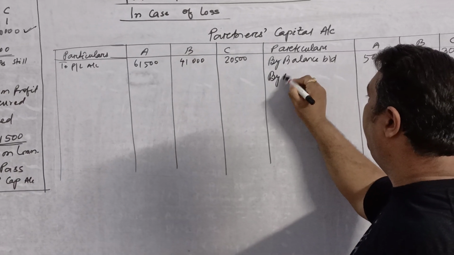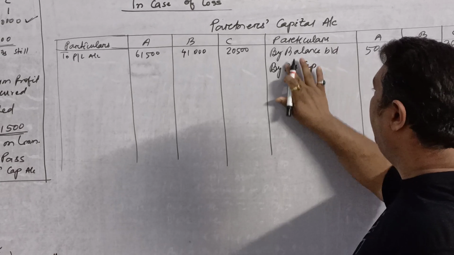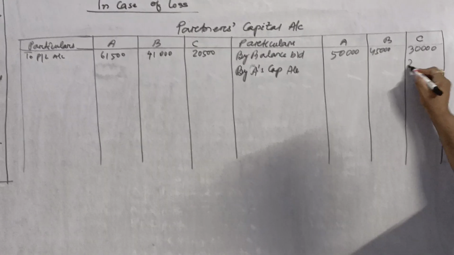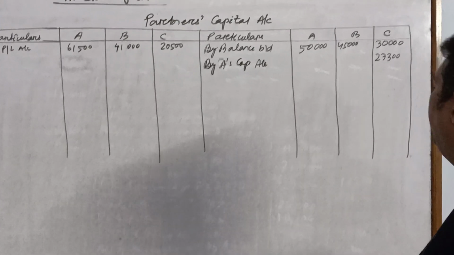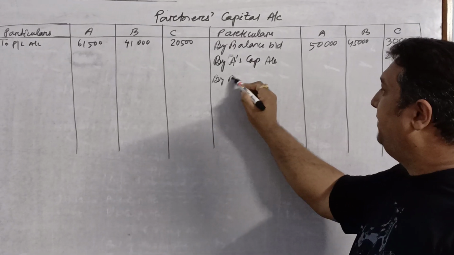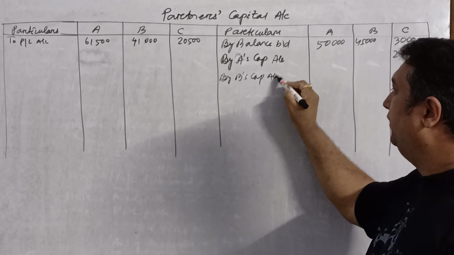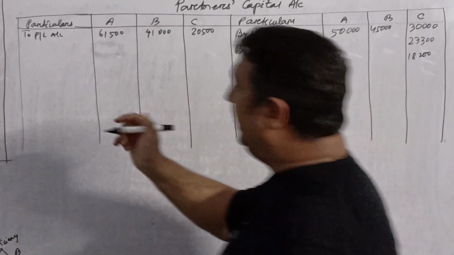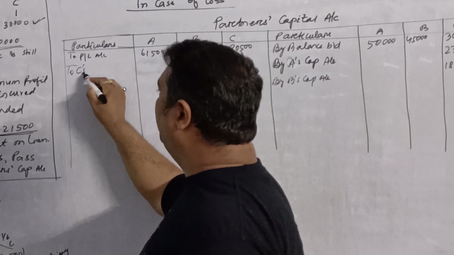After that there is compensation paid. So over here we will write by A's capital account. A is paying a deficiency of 27,300 to C, and B is paying a deficiency of rupees 18,200 to C. Because of that, their capital will get reduced.